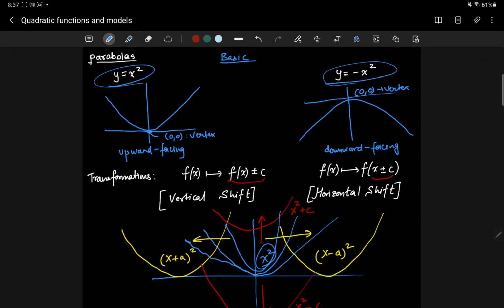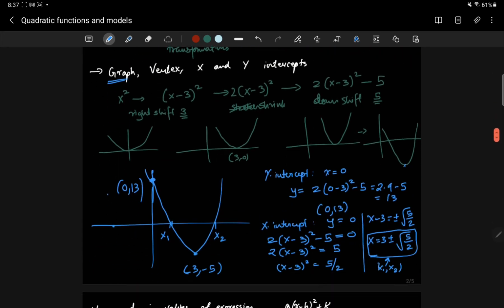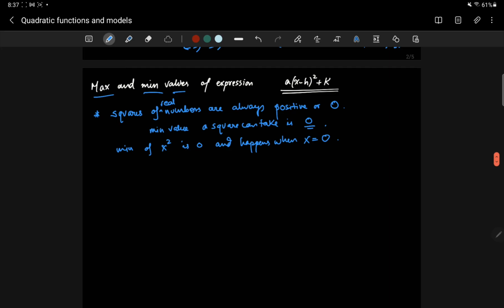And the vertex, depending on the parabola being upward or downward facing, is a min or a max value. It's the lowest point or the highest point, right? So the vertex of a parabola is always the min or max point.